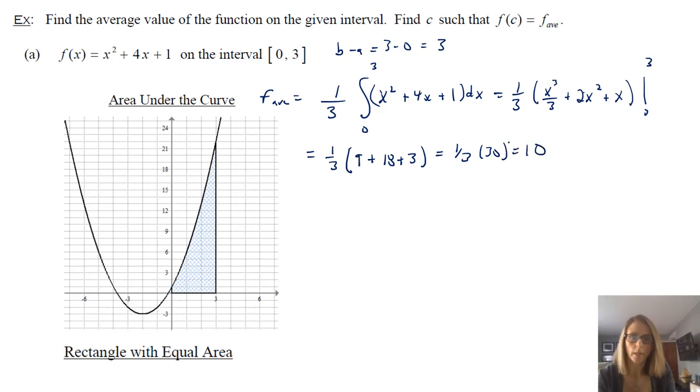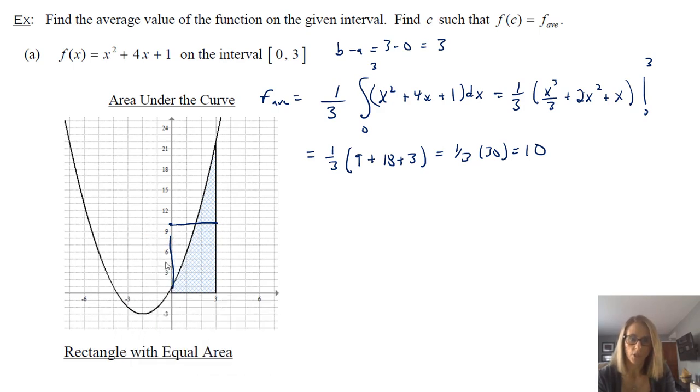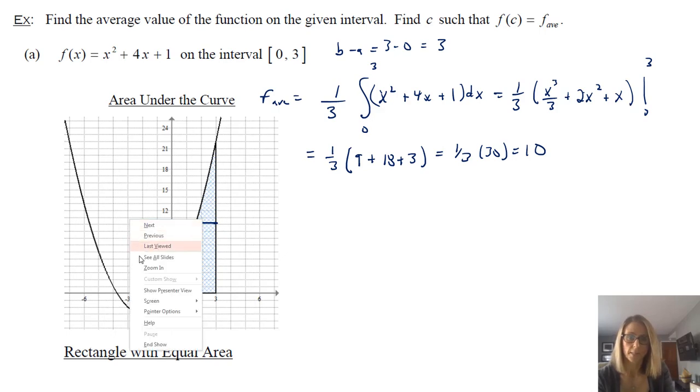So the idea here is we can find 10, that's the average value of the function, and we can think about it like this: by choosing 10, what we have found is the y value for which the rectangle that's created from it has the same amount of area underneath it as the area under the curve from 0 to 3.